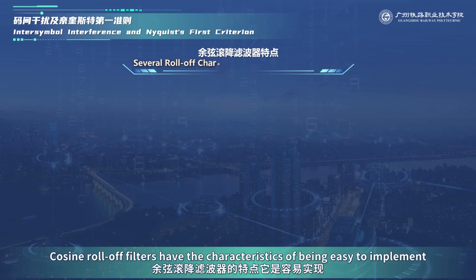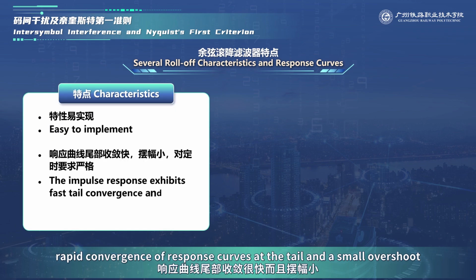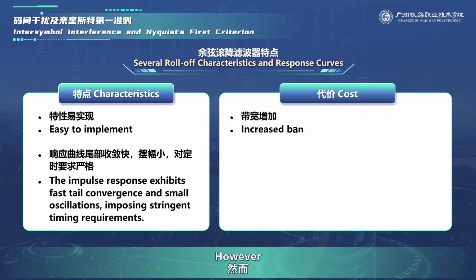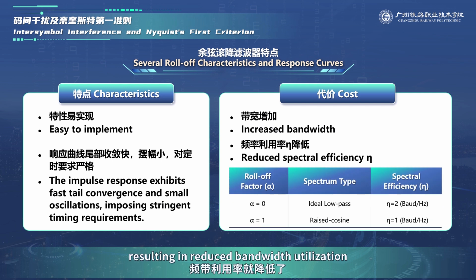Cosine roll-off filters have the characteristics of being easy to implement, rapid convergence of response curves at the tail and a small overshoot, making them suitable for strict timing requirements. However, the cost is increased bandwidth, resulting in reduced bandwidth utilization.